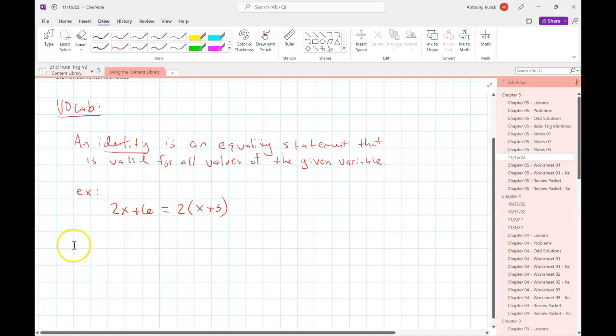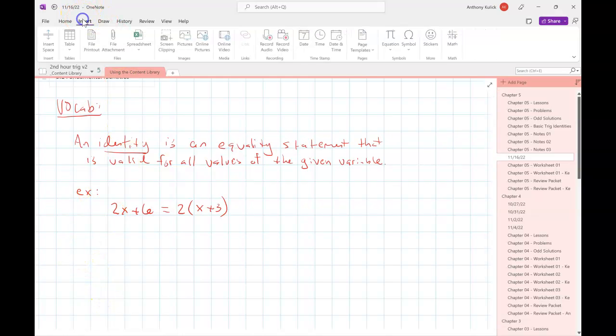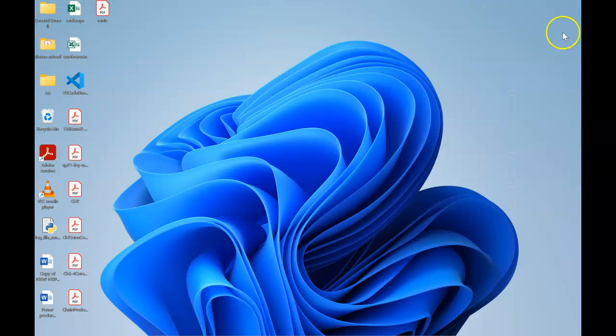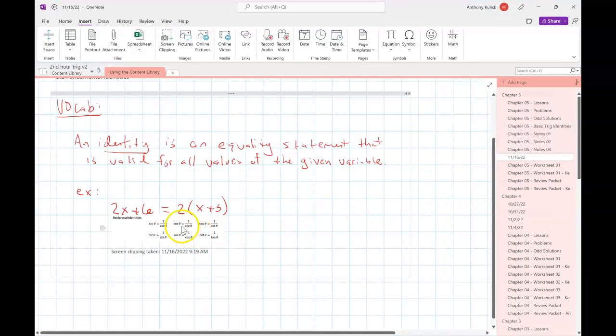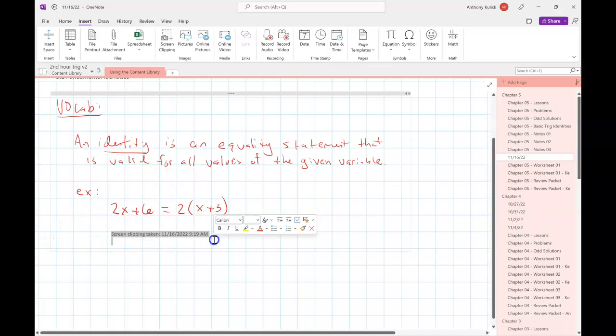So moving on into trigonometry, our first set of identities are called the reciprocal identities.